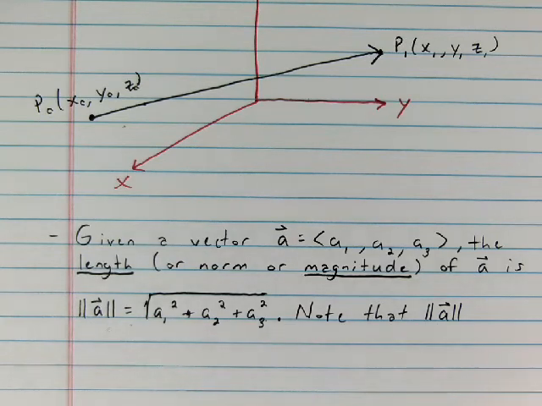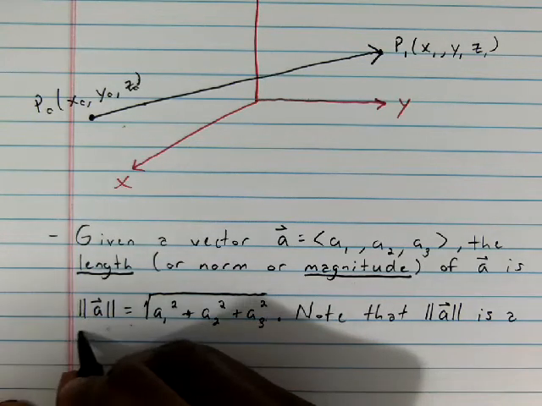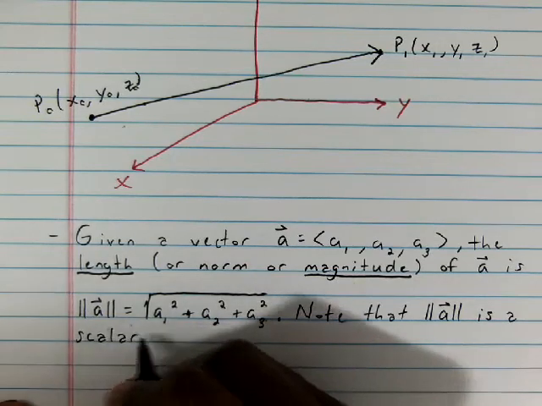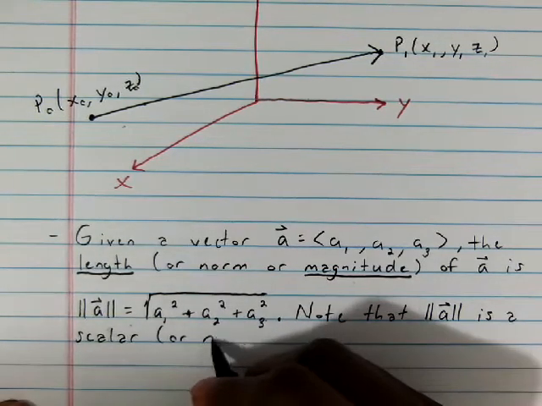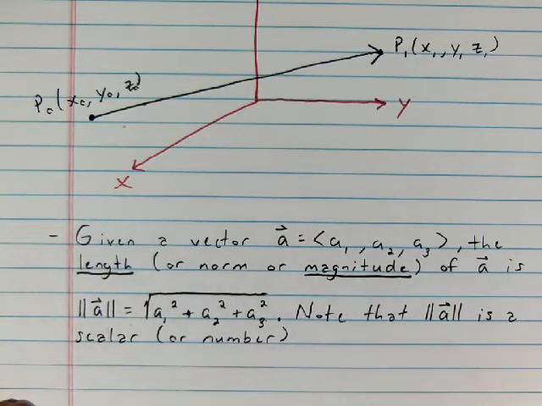We tend to call those scalars instead of numbers, but scalar, number, same thing. It doesn't matter which term you use. So note that the length of A is a scalar, or number. The length of a vector is no longer a vector.